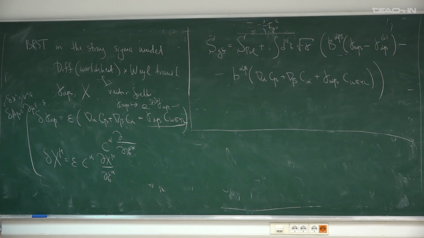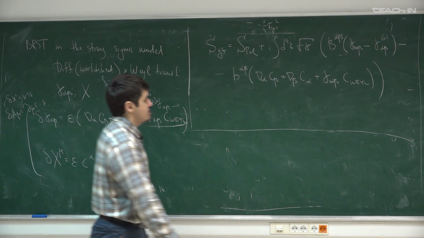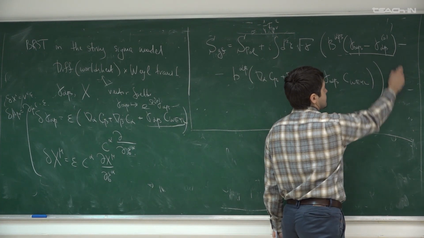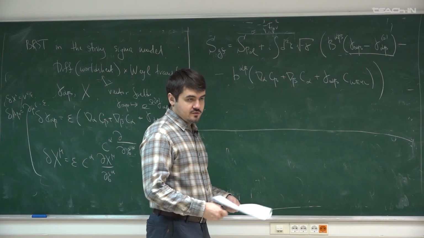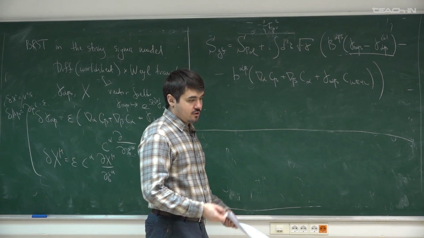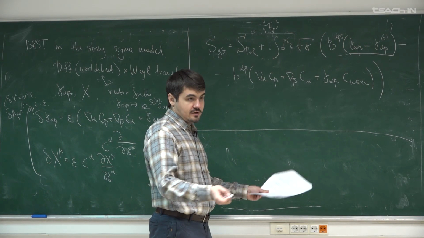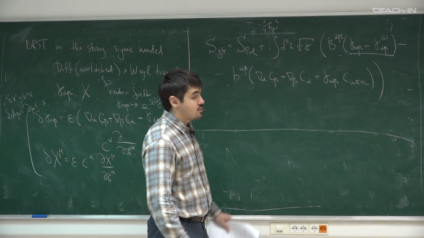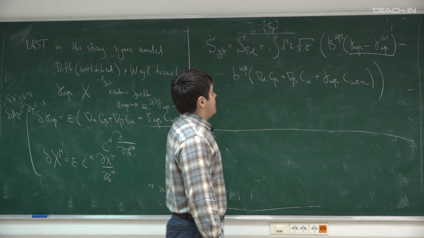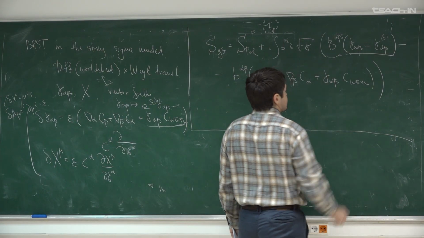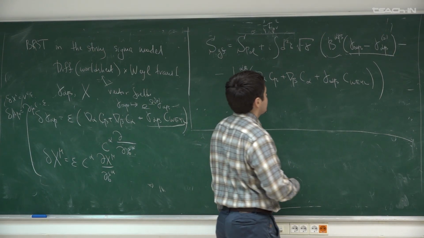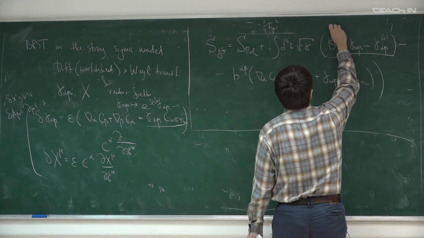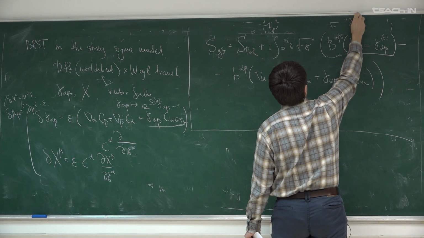First of all, I've introduced the gauge fixing condition, which says that gamma alpha beta equals gamma alpha beta 0. So gamma alpha beta 0 is a fixed reference metric, which ultimately we will think of as being the identity, or the Minkowski metric, let's say. So B alpha beta is just a Lagrange multiplier for that condition. It's the analog of lambda, okay? Just in this setup, it's called B.